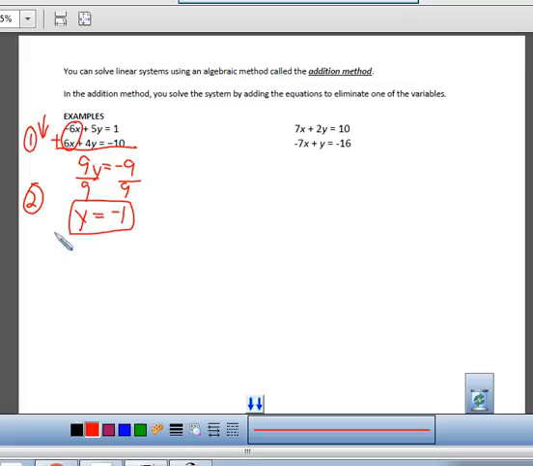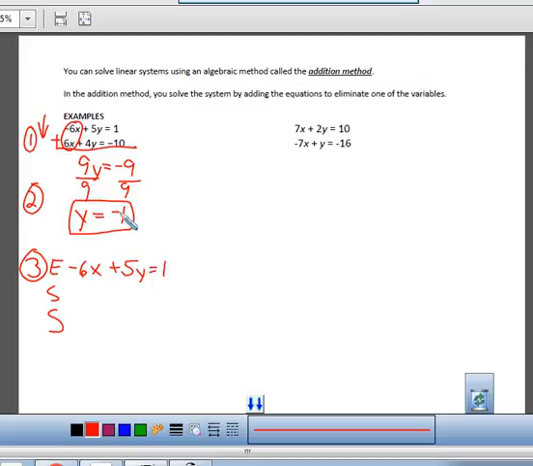Alright, pretty easy so far, isn't it? Step 3. So I found y. What do I need to find next? Of course, I need to find x. I'm going to use the first equation, negative 6x plus 5y equals 1.